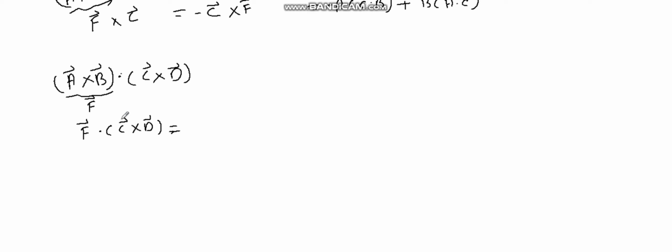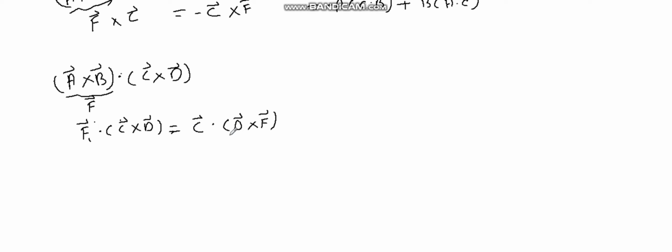We can just exchange the position of C to F, F to D, and D to C. So the thing will look like this: C dot D cross F. These two are the same. Okay, what we have done, we have changed the position. So this is the final form.